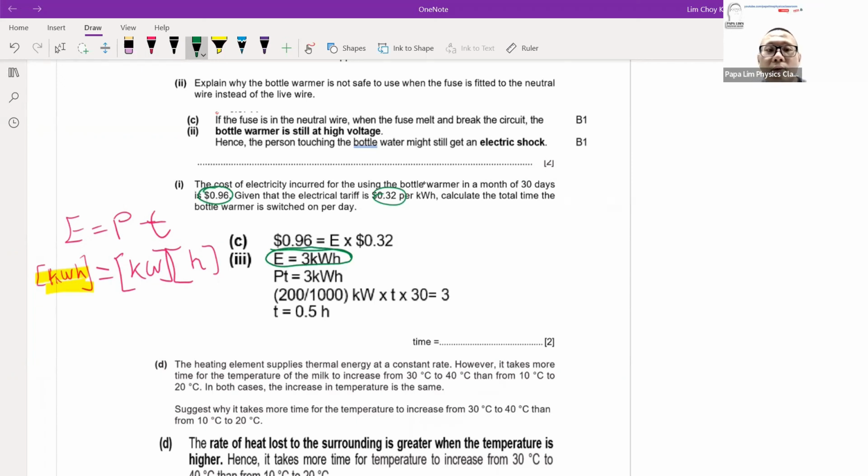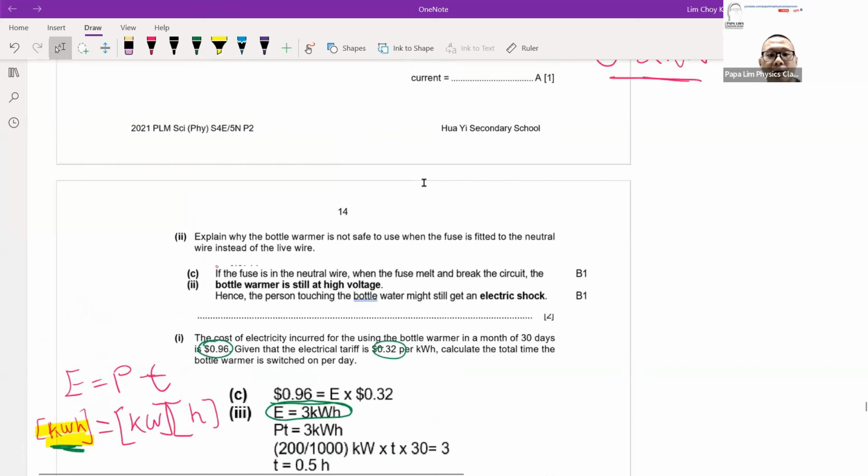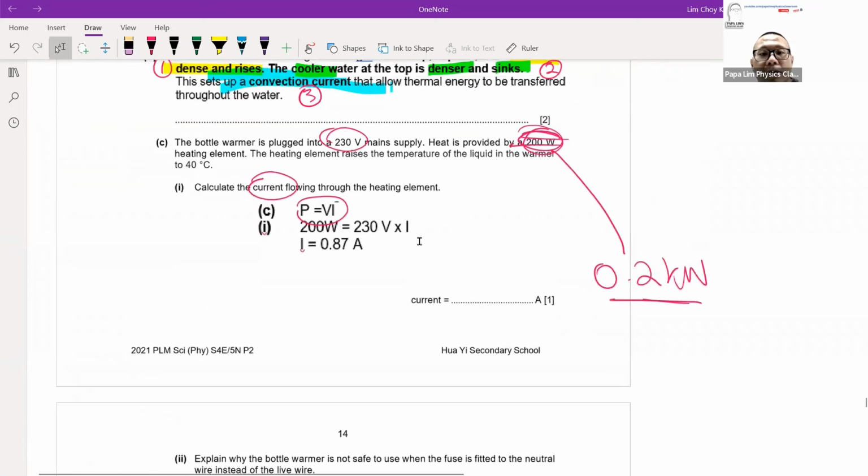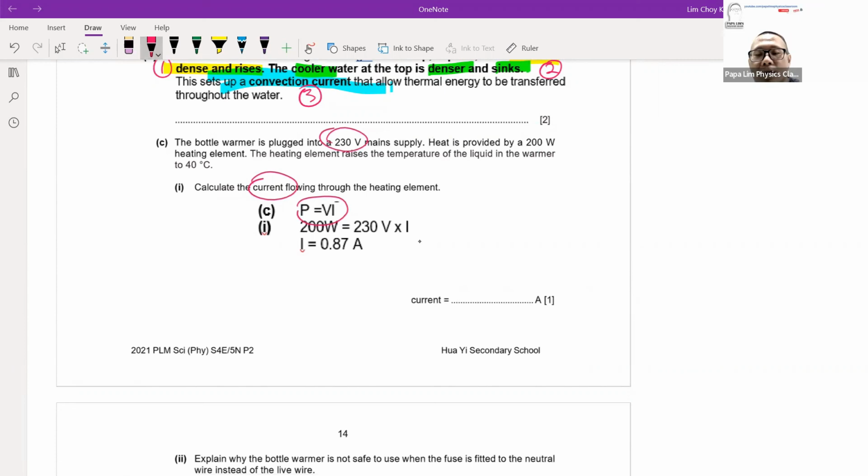Okay, 3 kilowatt hour. If I use 3 kilowatt hour, from here I will be able to derive how much time I use, because the question at the beginning already mentioned that the power of the heater is 200 watts, which is 0.2 kilowatts.